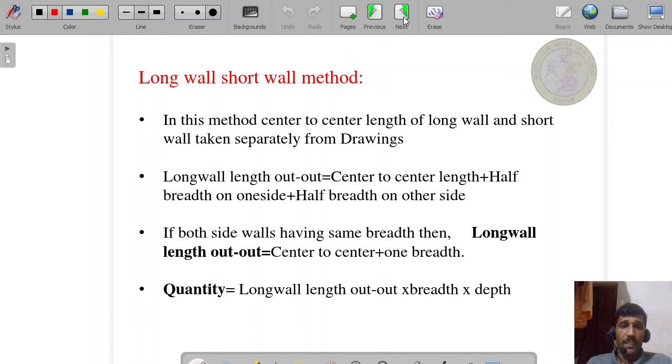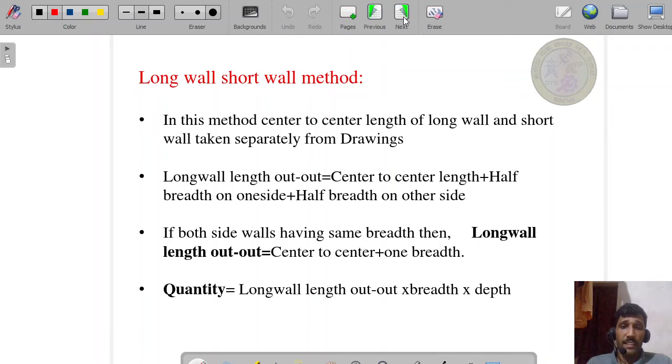After computing the center to center length of each and every wall, we will do the probable cost, meaning the estimations. In the long wall, how to calculate the long wall length is very important.